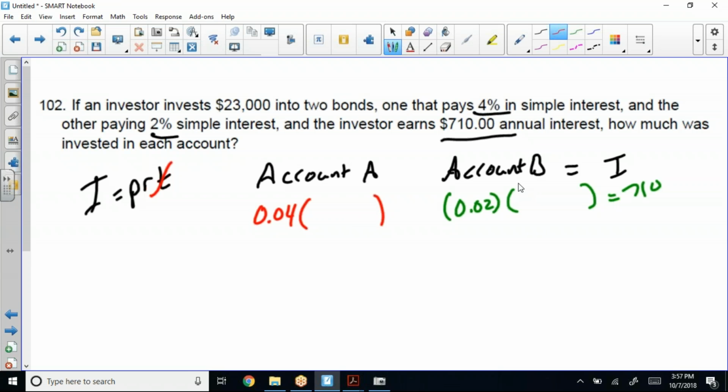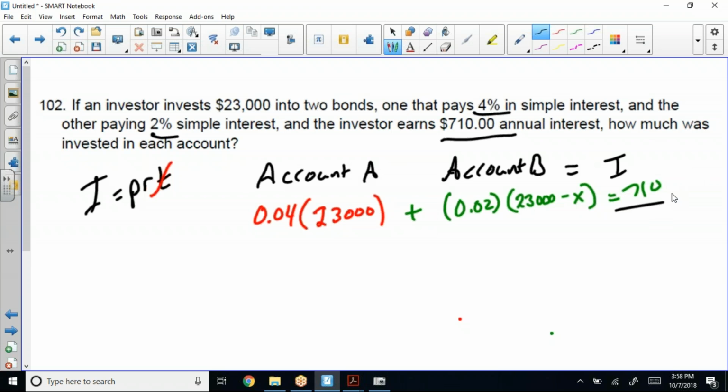So if we say he put X in account A, then he would have had to put 23,000 minus X in account B, right? And I put the plus here because account A plus account B has to equal $710.